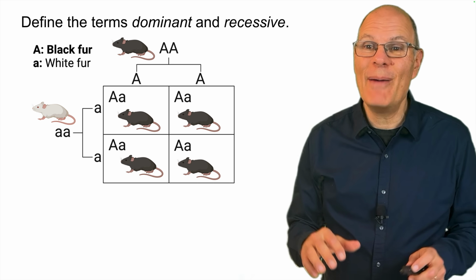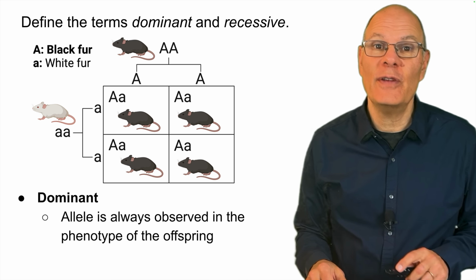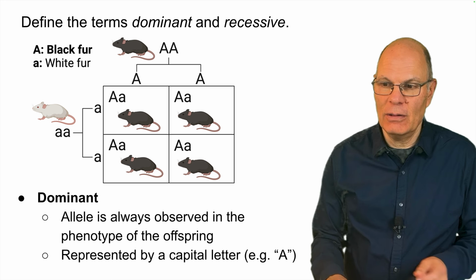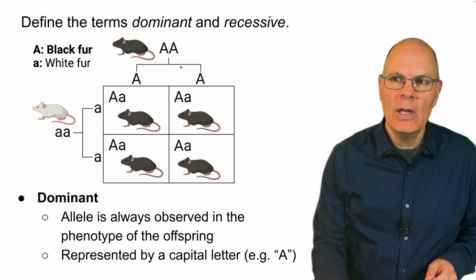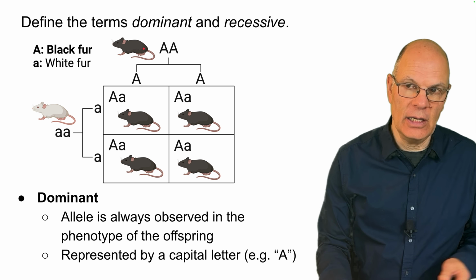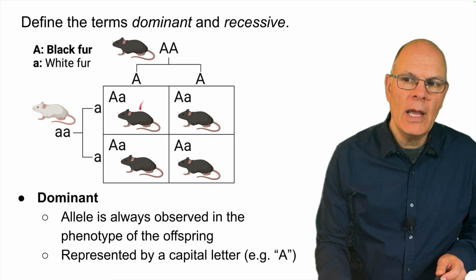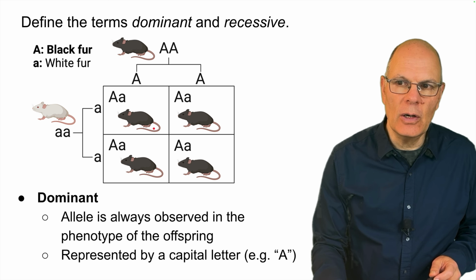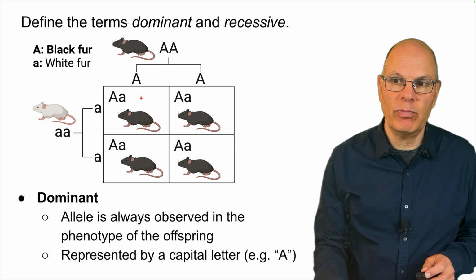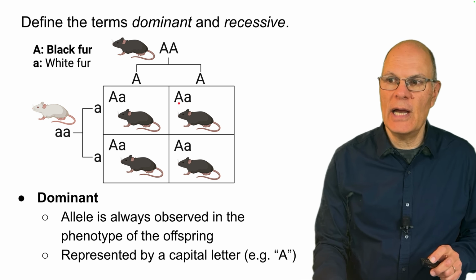Define the terms dominant and recessive. Dominant alleles are always observed in the phenotype of the offspring. They're represented by a capital letter, for example, the capital letter A. Here's an individual who's homozygous dominant, and they express the dominant characteristic, dark black fur. In these heterozygotes, there's also a recessive allele, but because the dominant allele is present, then the characteristics of the organism is determined by the dominant allele.